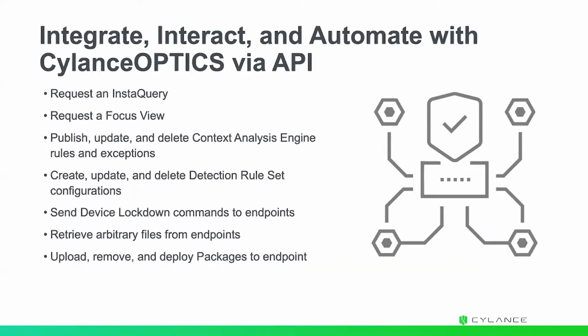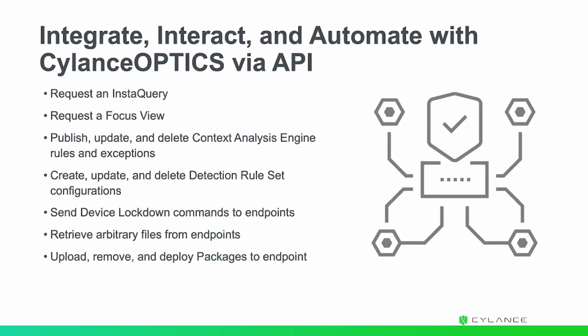That includes requesting or viewing InstaQuery results, requesting and viewing focus views, updating context analysis engine rules or deleting them, changing your detection configurations across endpoints, sending device lockdown commands, retrieving arbitrary files from endpoints, executing package deployment jobs. All of those workflows that we have in the console are all driven via the APIs, so they're totally scriptable.